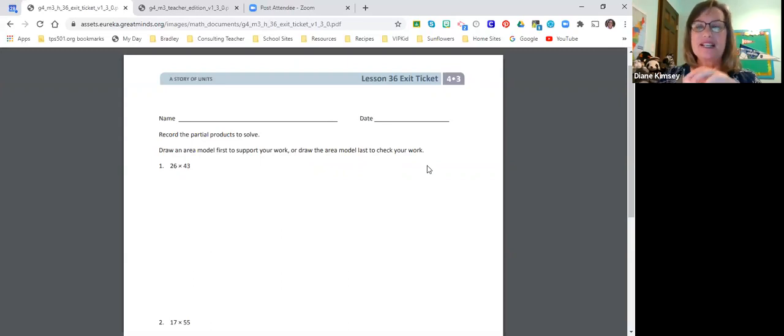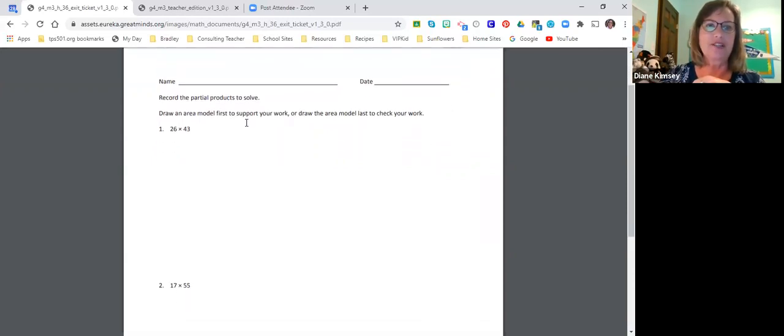And so the bottom line is they must have an area model to show their work. So this is going to be 2-digit times 2-digit, and they must be able to draw an area model. Okay, I got the idea. 2-digit times 2-digit and an area model. So for the numbers that they're using, I see a 2, 6, a 4, 3, a 1, 7, a 5, 5.